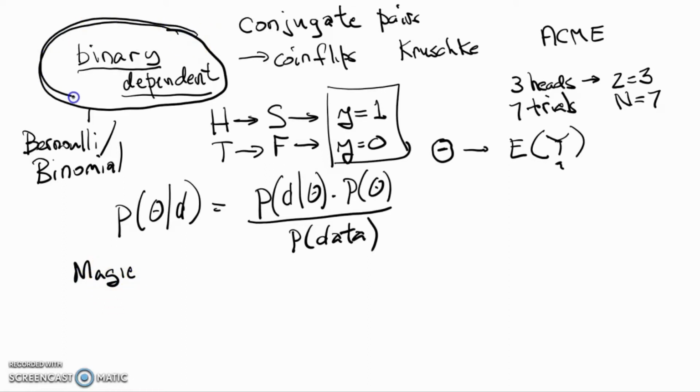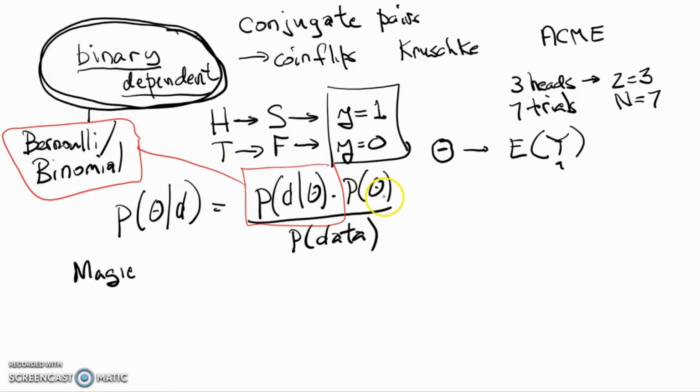If we've got a binary dependent variable, then our likelihood function is going to be a Bernoulli binomial. And the magic consists in the fact that if we can specify our prior as a beta distribution, then we're going to very easily be able to obtain a posterior, which is also going to be a beta distribution.